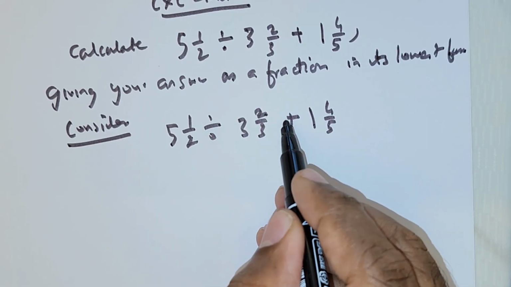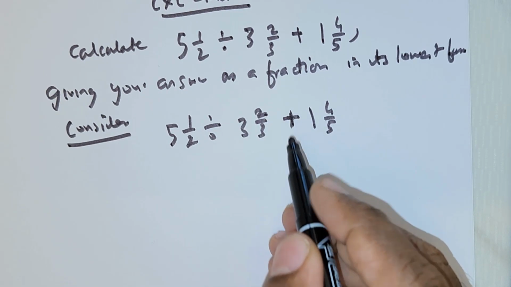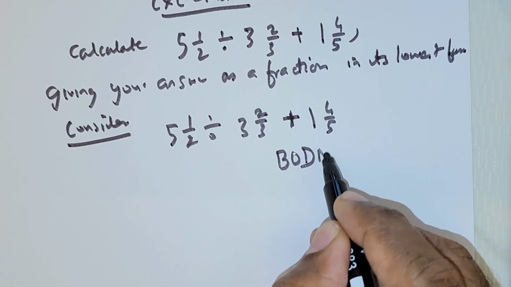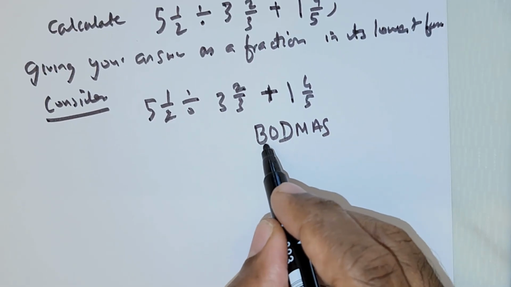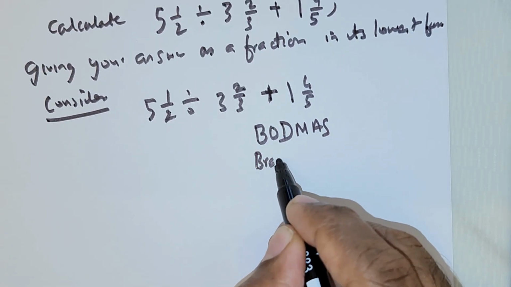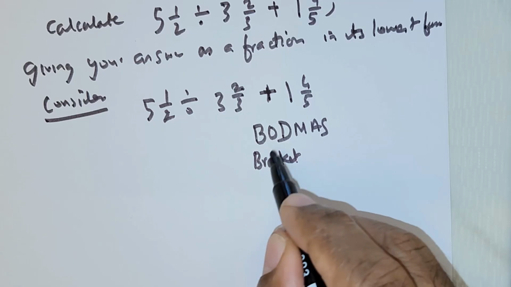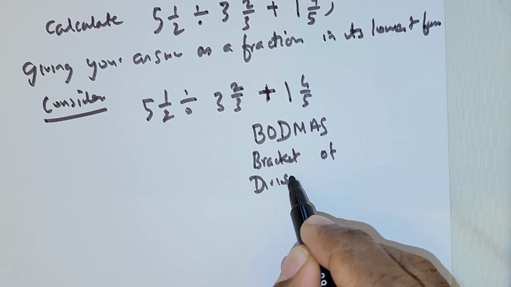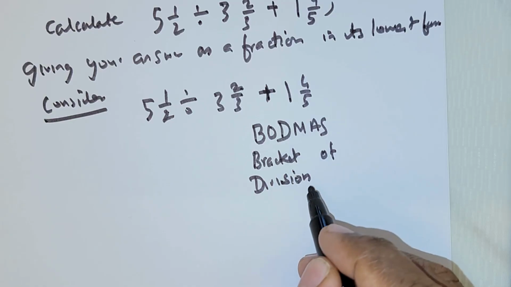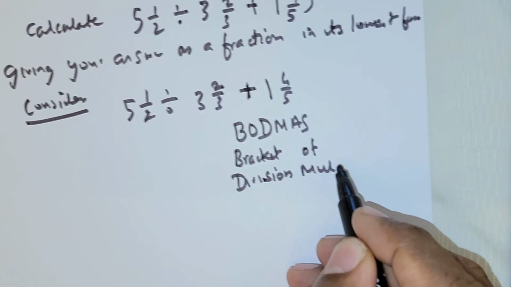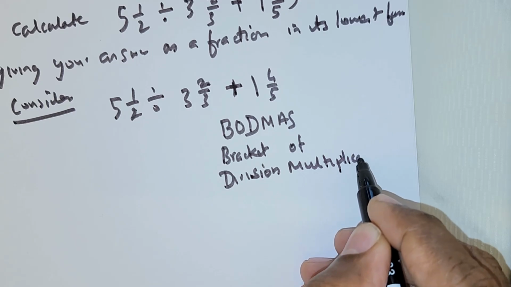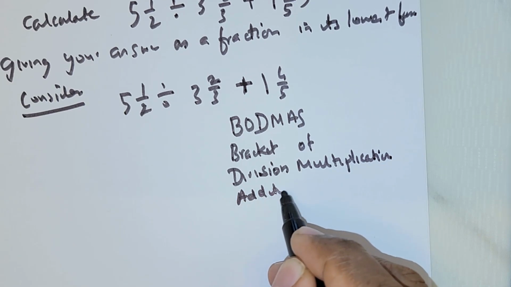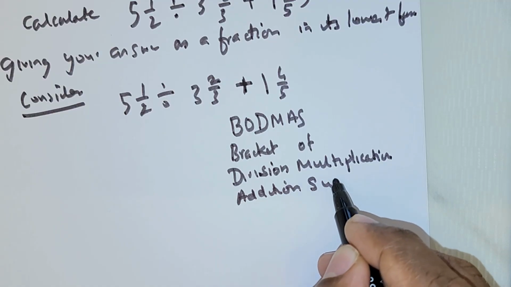Now you have a division operator and an addition operator, so we will have to use BODMAS. B stands for bracket, O stands for of, D division, M multiplication, A addition, and S subtraction.